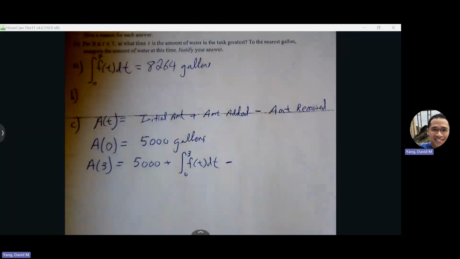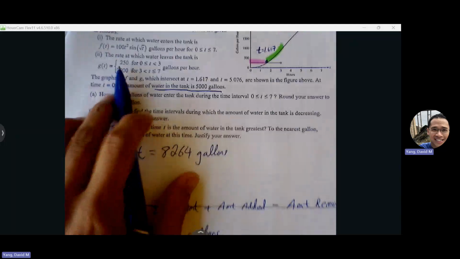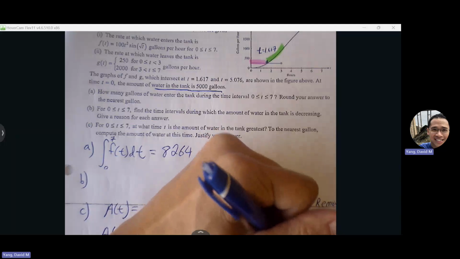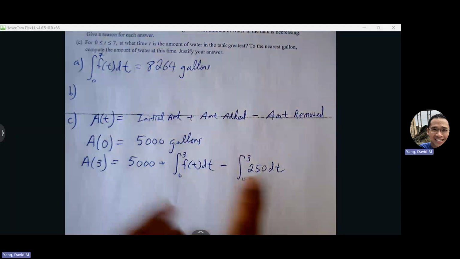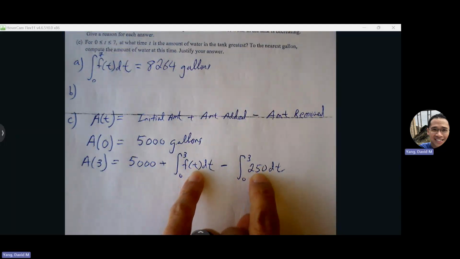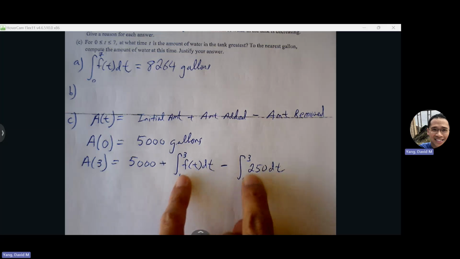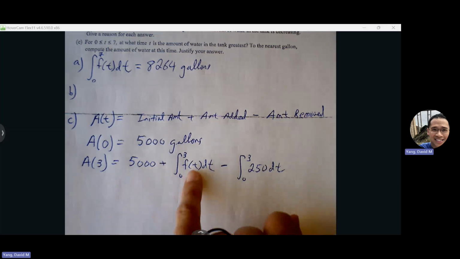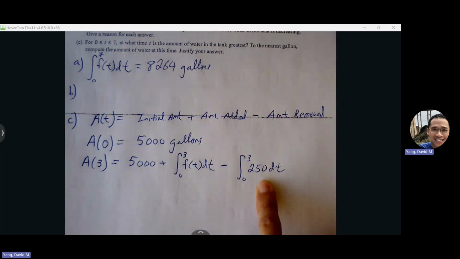Between 0 and 3 hours, the rate is a constant 250. So minus the integral from 0 to 3 of 250 dt, right? We want to make sure that everything we're plugging in is in terms of our rate, so that we have gallons plus gallons minus gallons.